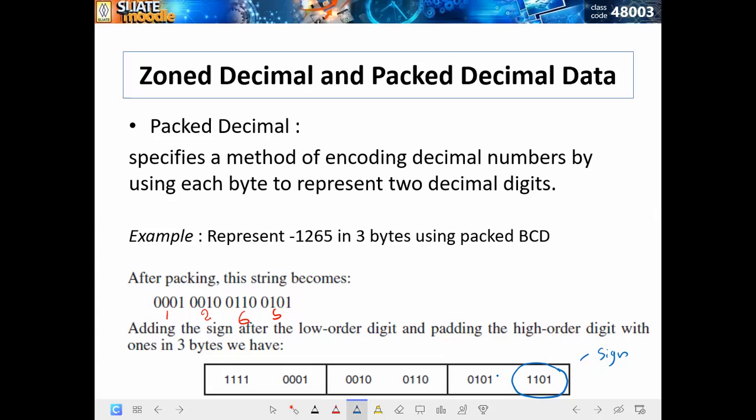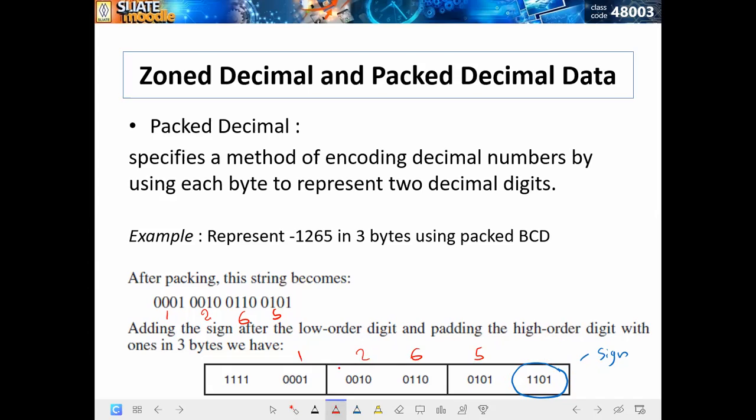Then after that you are going to put the values here. Then 5 is here, then the 6 is here, the 2 is here, then the 1 is here, right?